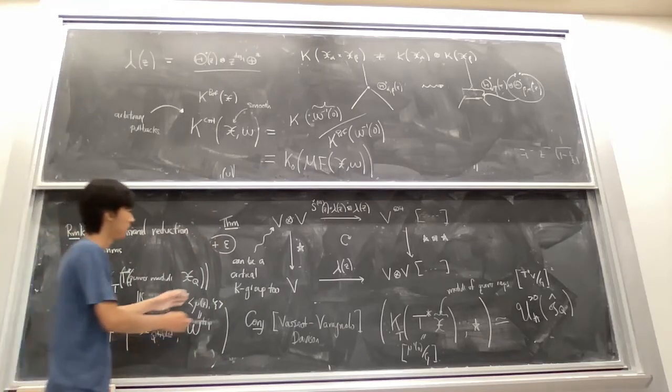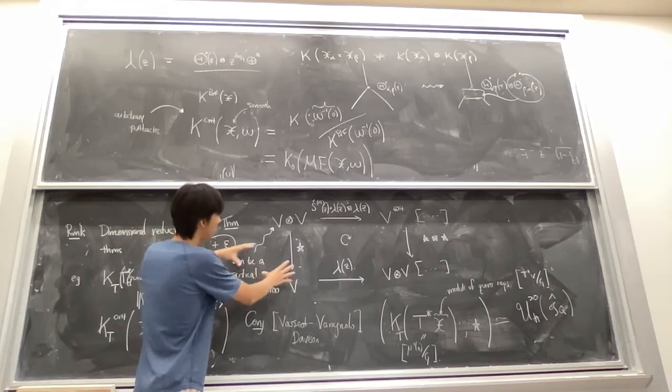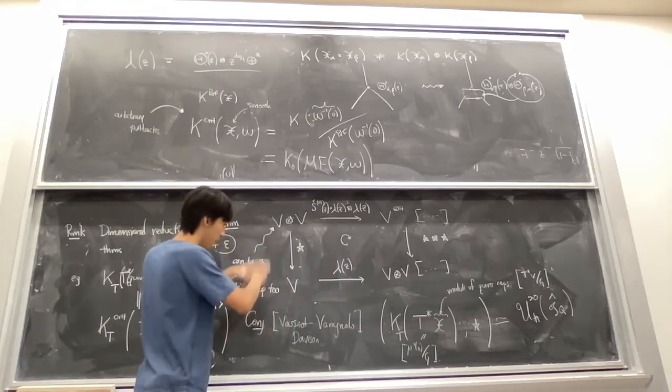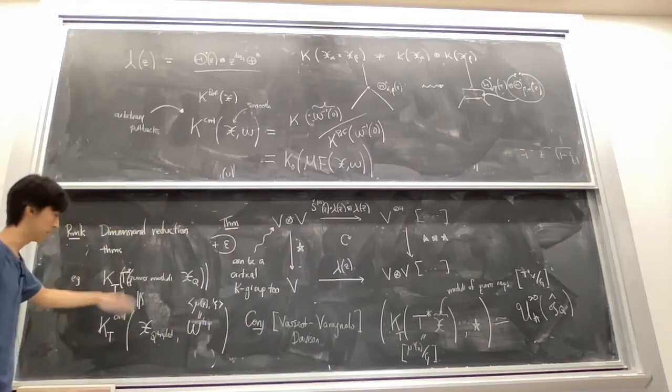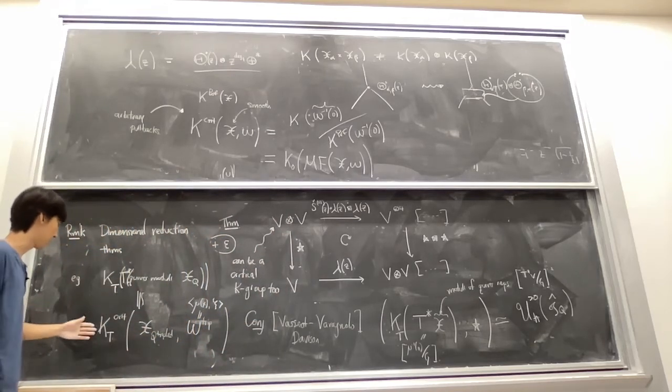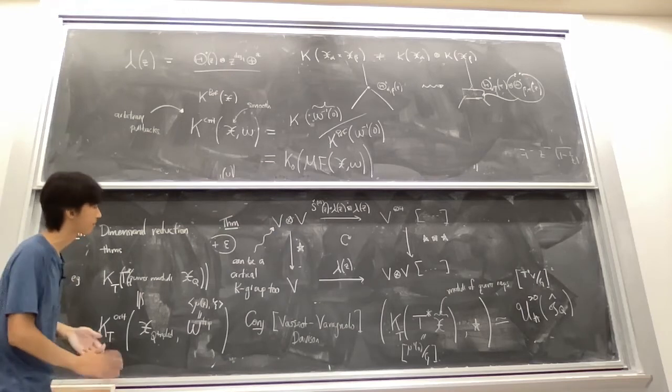So this is a slight generalization for critical K groups in general, that assumes the original form in the case of quiver moduli or other things that admit some kind of critical K theoretic description.